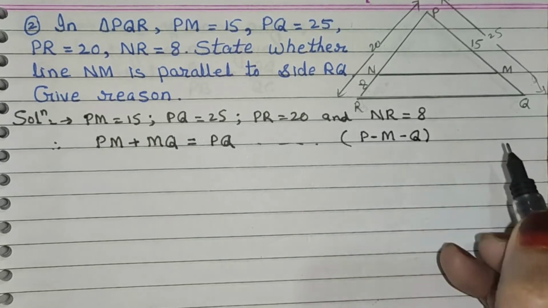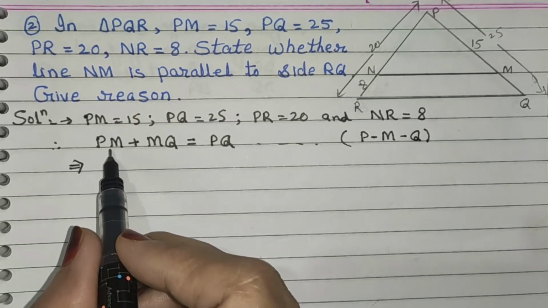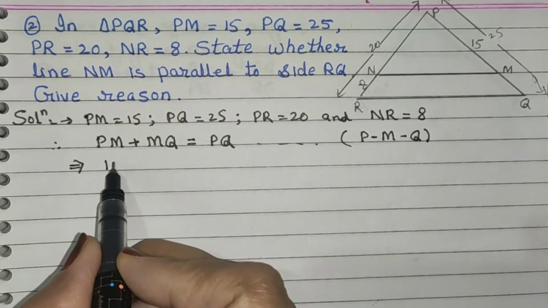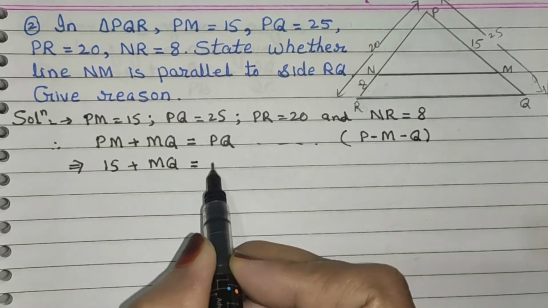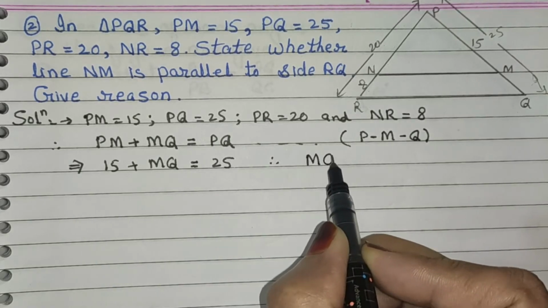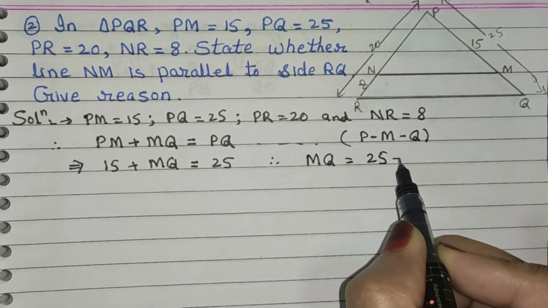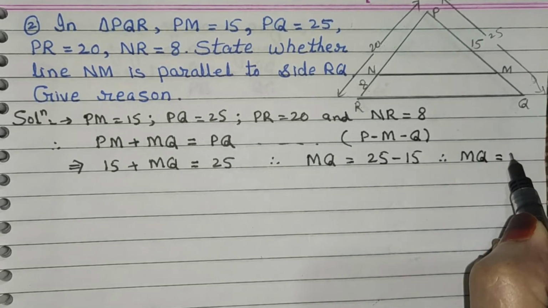Now substituting all the values, we get the value of PM, it is given 15. Find out the value of MQ, PQ is 25. Therefore MQ is equal to 25 minus 15. Therefore, MQ is equal to 10.